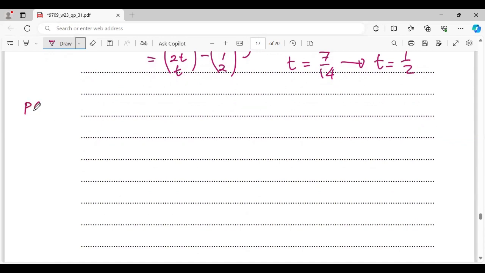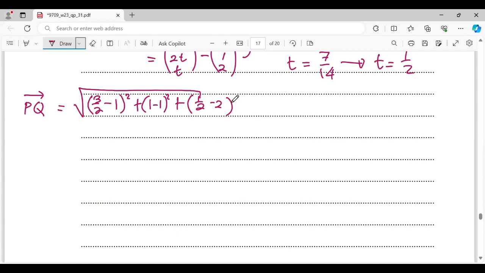PQ equals the square root of (3 half minus 1) squared plus (1 minus 1) squared plus (half minus 2) squared.